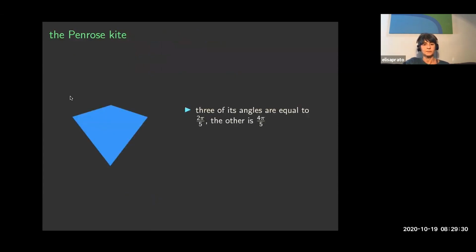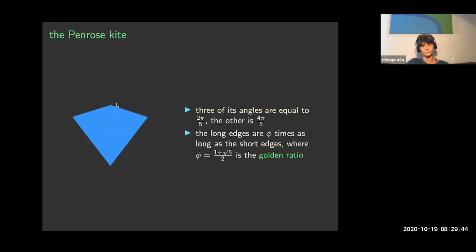The kite has 3 equal angles, all equal to 2 pi over 5, and the other one up here is 4 pi over 5. The long edges are phi times the short edges, where phi is the golden ratio, (1 plus square root of 5) over 2.